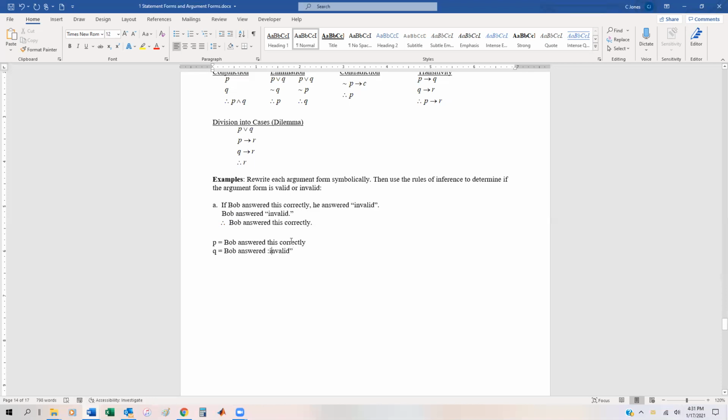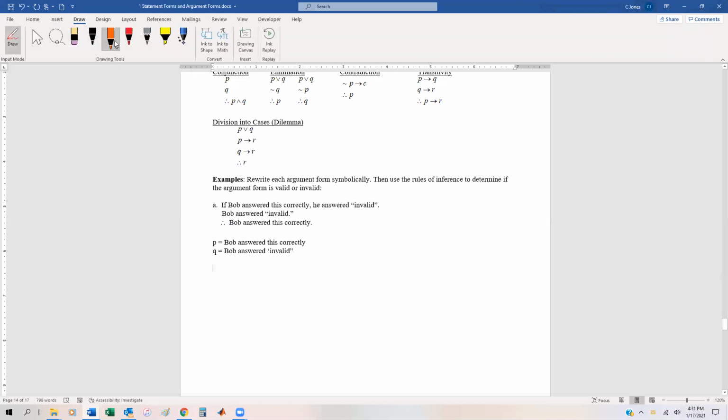All right, so we have to have those definitions first. If we don't define them, then unfortunately we're not going to be able to get the correct answer out of this. So the first premise says if Bob answered correctly, then he answered invalid. So P implies Q is this statement. Bob answered invalid, so that's Q.